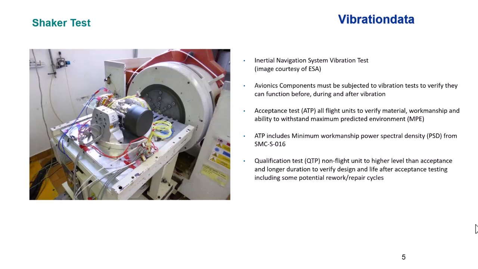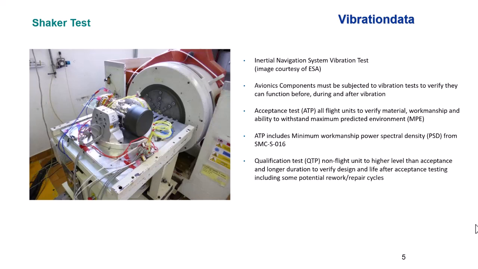So we want to make sure that the parts are good and the workmanship, materials, and so on are good to go. But we also want that acceptance test to cover the MPE, which we talked about in the previous slide. So it's a two-in-one, dual-purpose test.